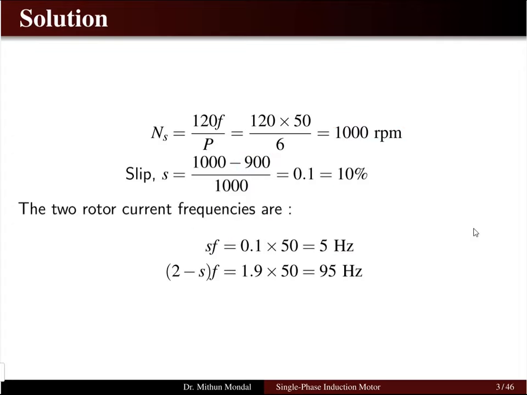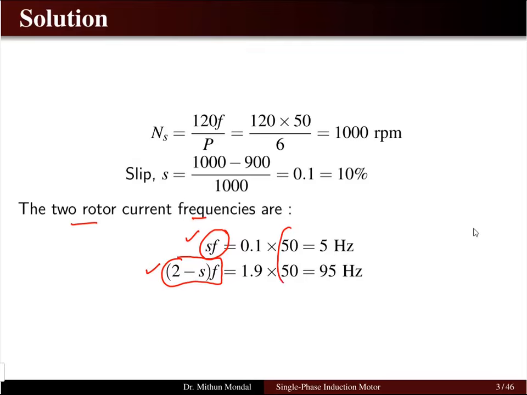The frequency of the rotor current, because it is a double revolving field, will be obtained using the formula S into F. This is similar to the 3-phase induction motor. However, there is the concept of forward field and backward field. The backward field will have the frequency 2 minus S multiplied with the supply frequency.